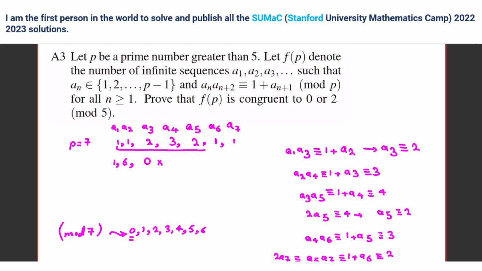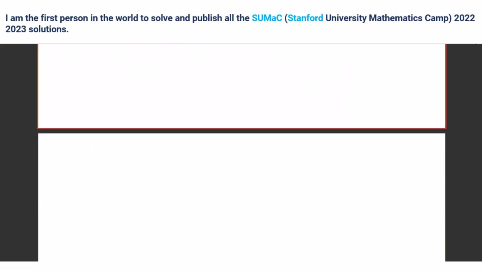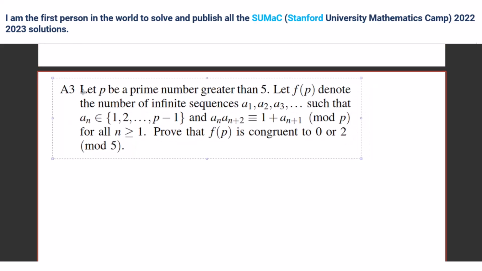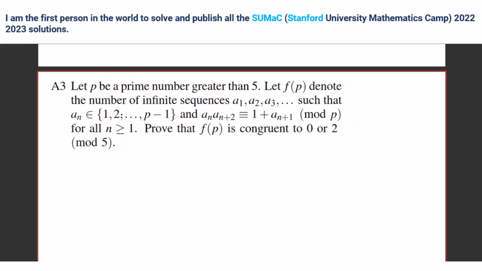Now we worked on, for example, 2 inverse, 3 inverse in some problems, right? So we want to use that. Suppose the first one, A1, is x and A2 is y. Now I want to calculate A3. We know that A1 times A3 is congruent to 1 plus A2 mod p, right?